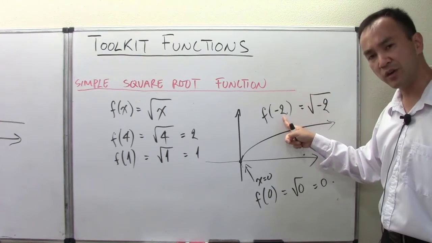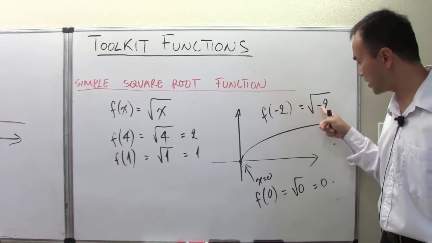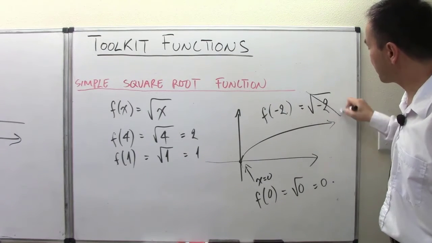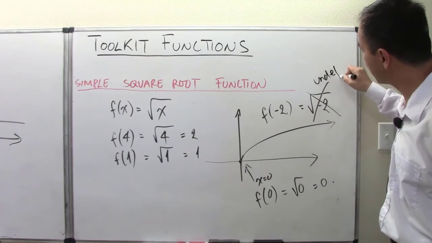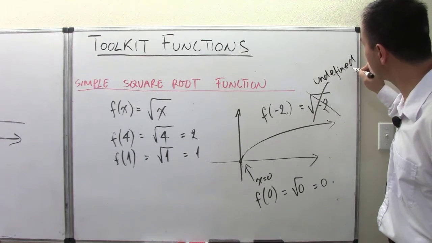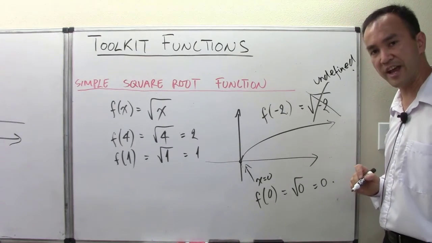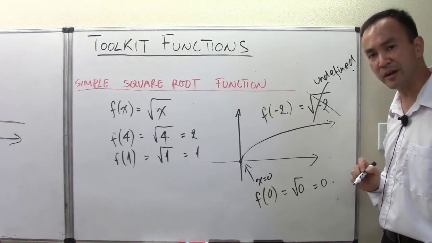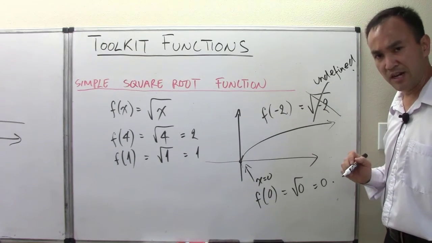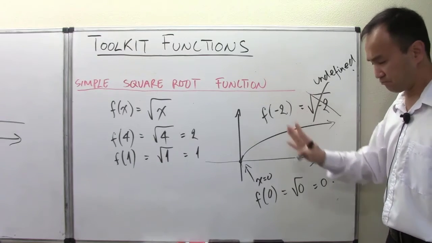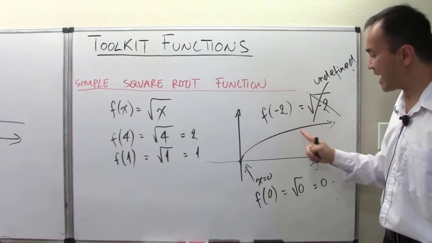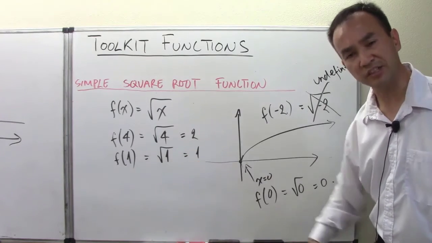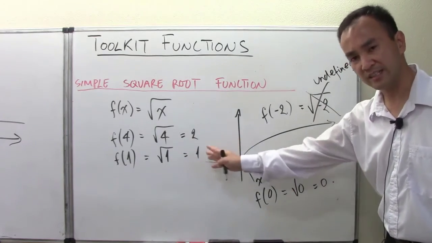If we're substituting in a negative input, we are ending up with square root of a negative value, which is undefined. We are not able to take square root of a negative value unless we have some experience with imaginary numbers or complex numbers. But none of that is being covered here. And that is the reason why this graph does not have any representation on the negative side, on the part where x is negative.